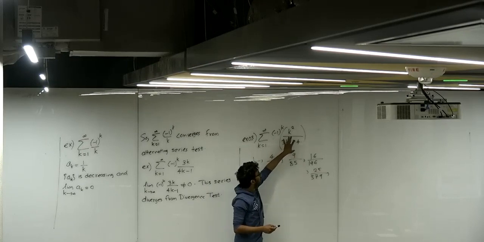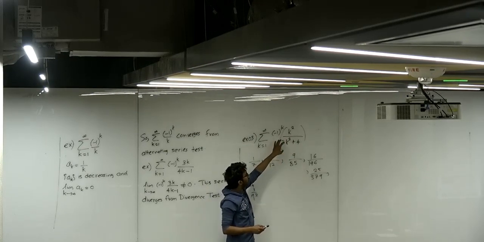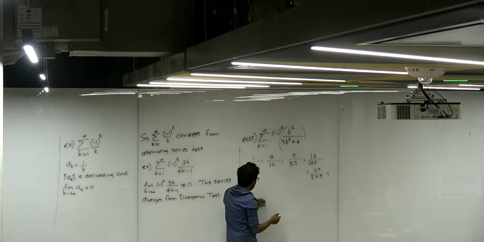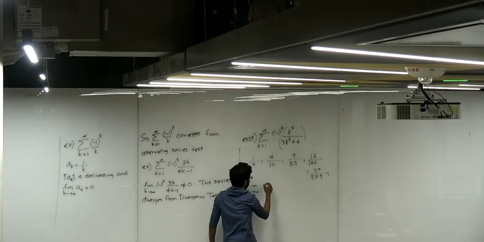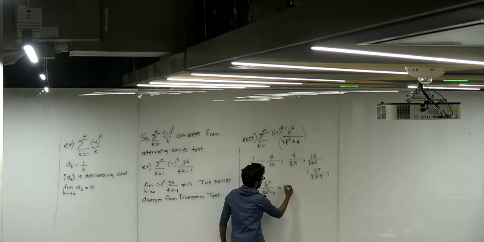As a result, that would tend to infinity very fast. So the limit as k tends to infinity of a_k, that is k squared divided by 3k cubed plus 4, is equal to 0.